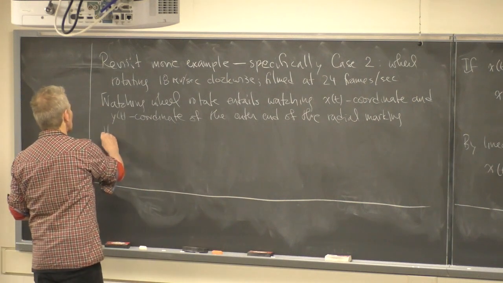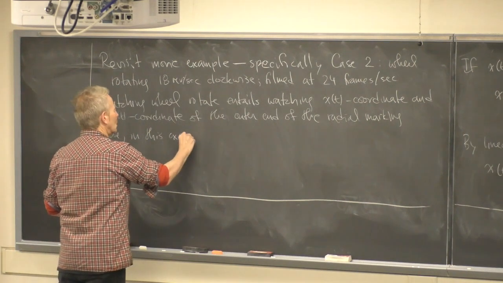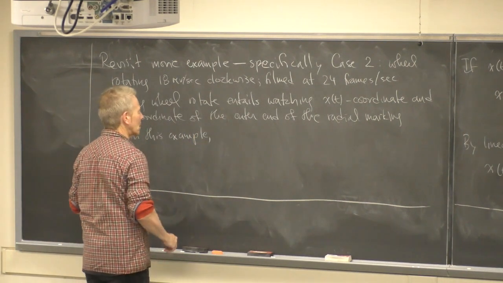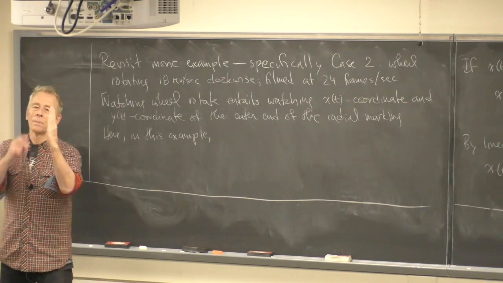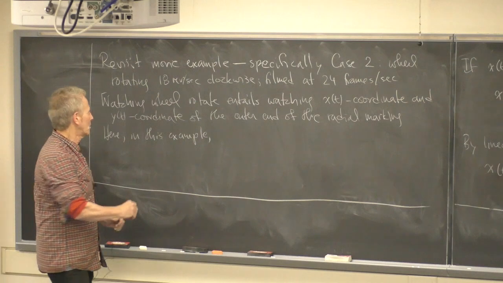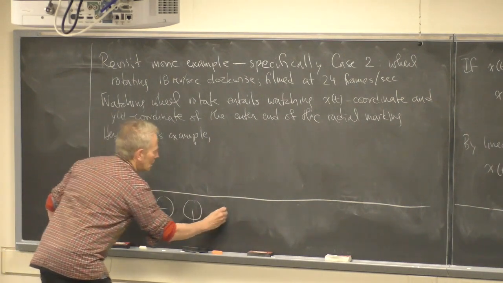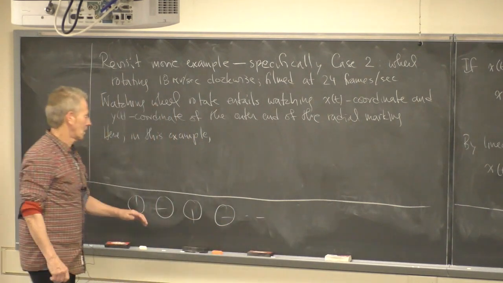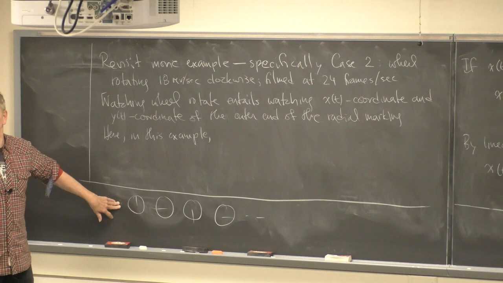So here, in this example, what is the x coordinate going to be? It starts at 0, right? Because the wheel's up here. So let me put the wheel down here, just to jog your memory, in the liminal part of the board.